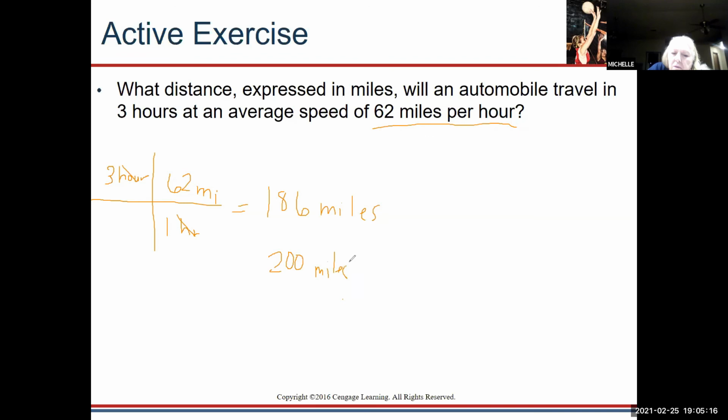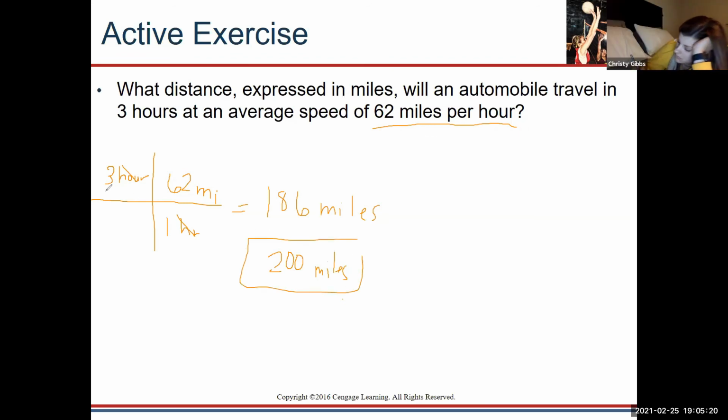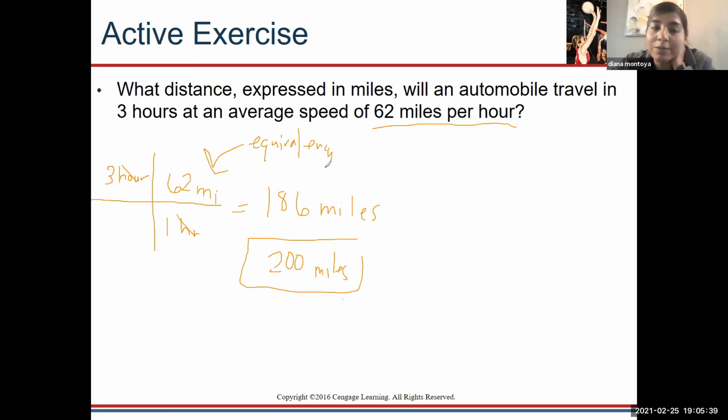Why is there only 1 sig fig? The 3 for the hours. Because this is an equivalency. We're trying to find out the hours, so the sig fig for the hours is 1.